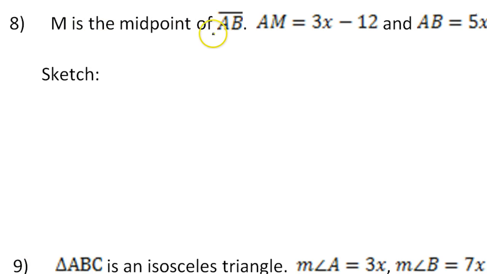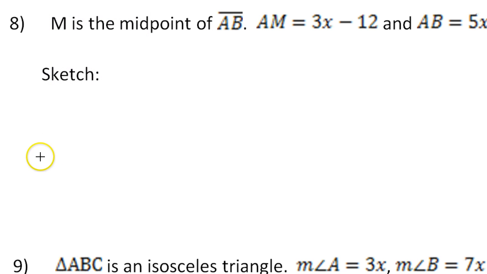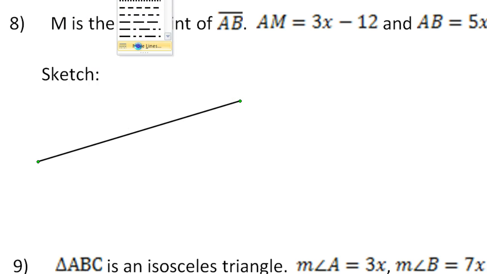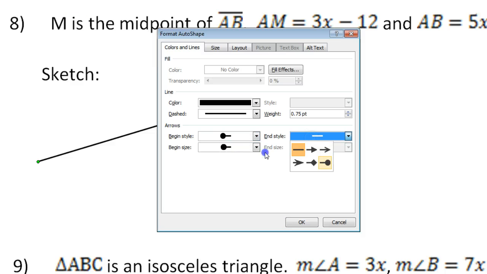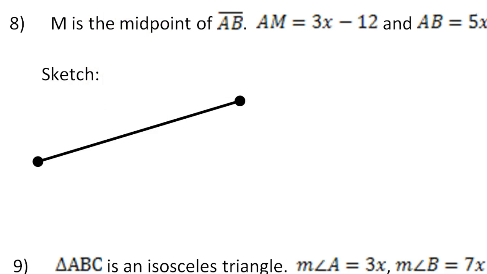Alright, M is the midpoint of AB. We're supposed to make a sketch, so we might as well do that. So here's AB. And M is supposed to be the midpoint. If M is the midpoint, then that means these two sides of the segment are congruent.